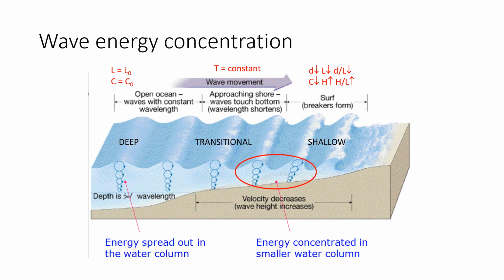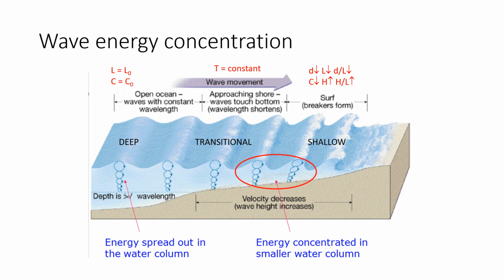Now, in the deep water region, the water depth is larger than the wavelength, so that the orbital motion does not reach the seabed. However, when it comes to transitional water, when the water depth reduces, then D over L also reduces.